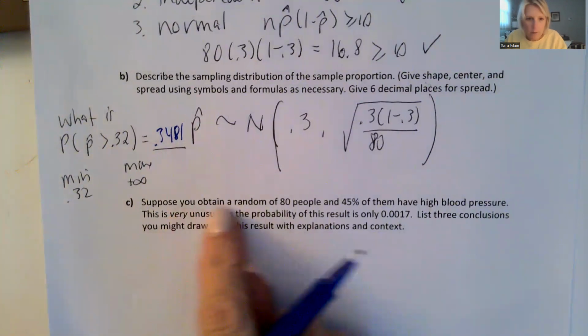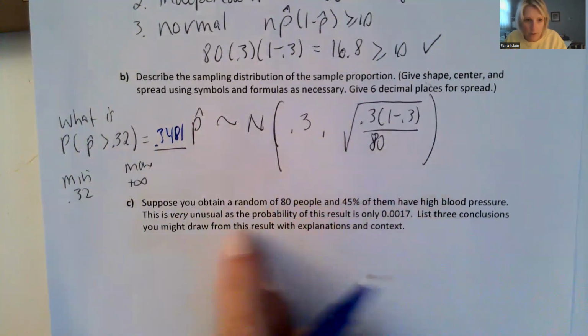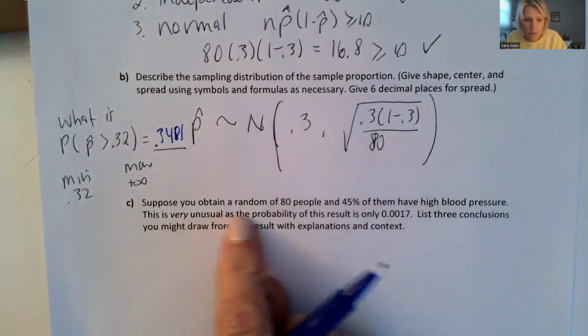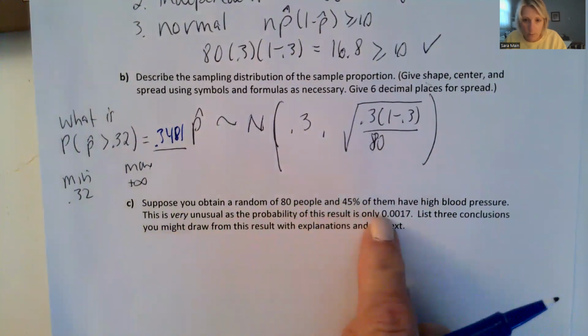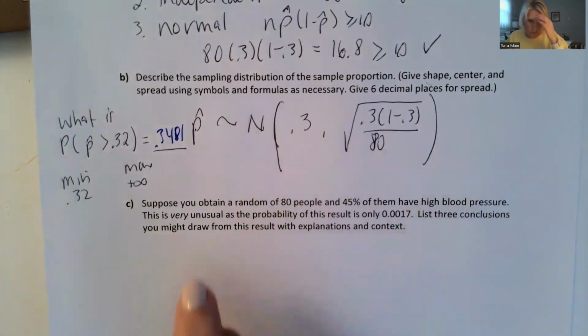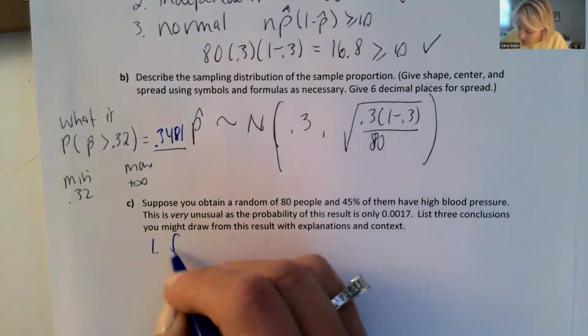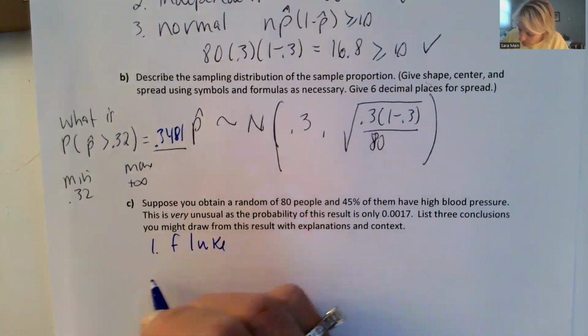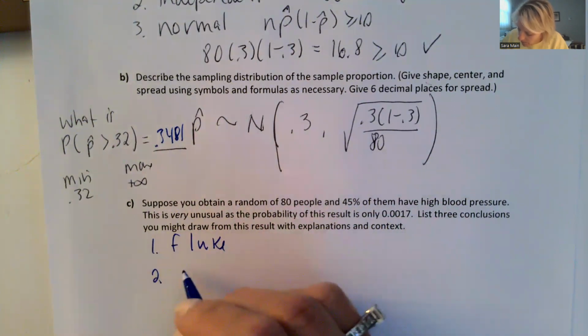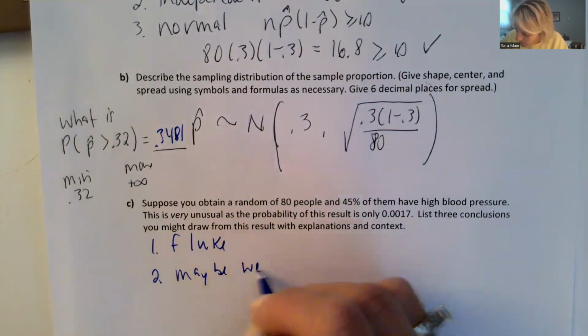Now it says, suppose you obtain a random sample of 80 people and 45% of them have high blood pressure. This is very unusual as the probability of this result is only 0.0017. List 3 conclusions you might draw from this result with explanations and context. The first thing is it could just be a fluke. Maybe we don't have a random sample.